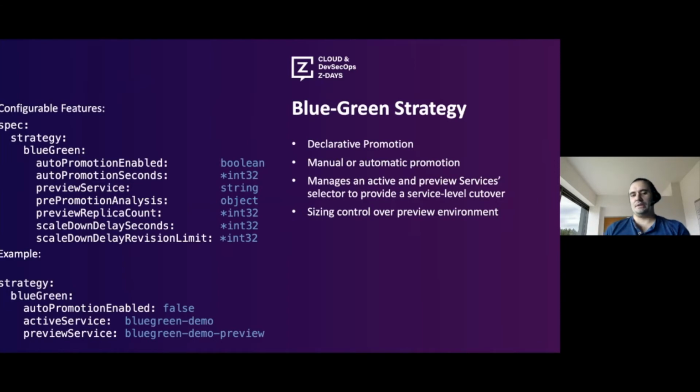Also, we need some preview services. For example, we deploy a new version and you need an ingress and some URL to access it and check that the new version works correctly. That's okay before final approval and switching real traffic in production, for example. And you could specify scale down delay seconds.